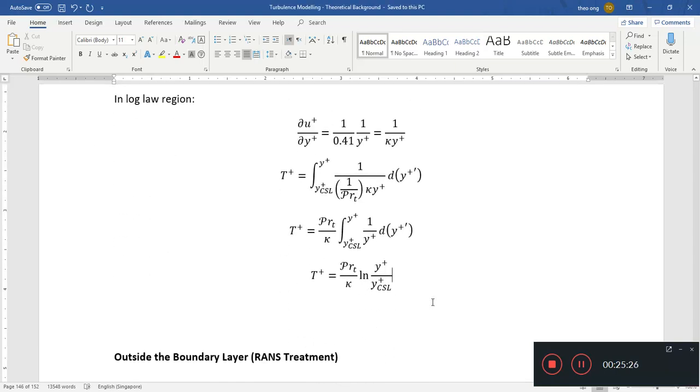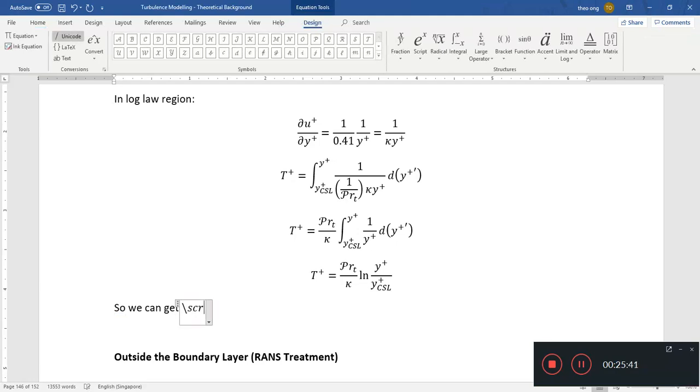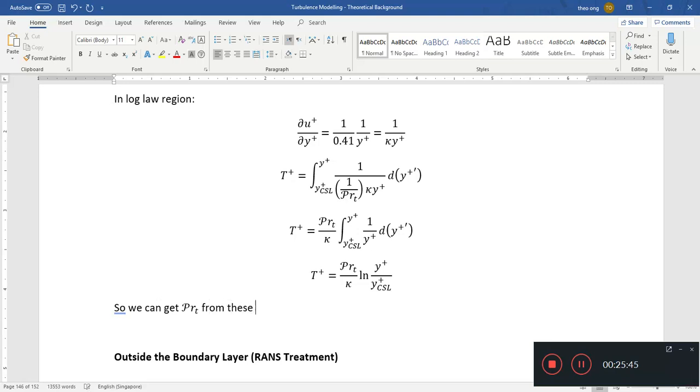So this is how we get that equation. We can get script PRT from these equations and compare to experimental data.